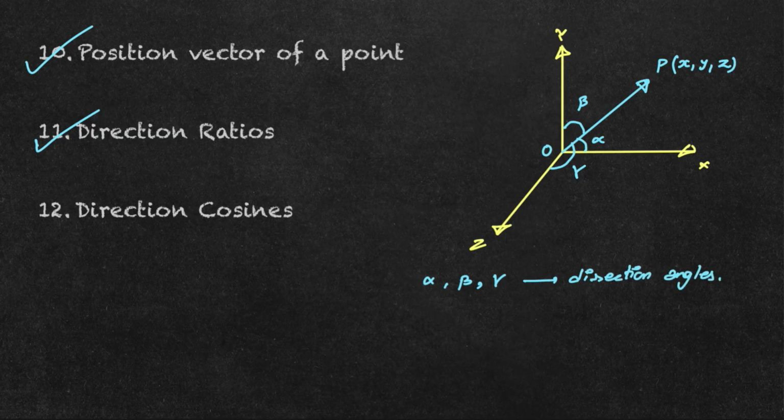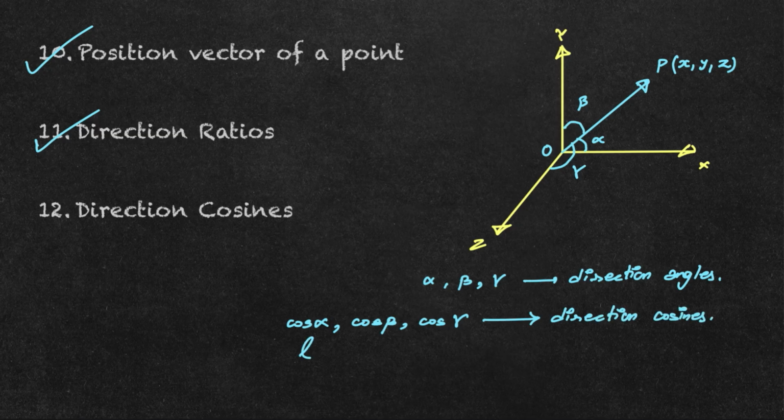And if we operate these three angles with the cos function, that is cos alpha, cos beta and cos gamma, then these are called direction cosines. In short, we will write cos alpha as l, cos beta as m, and cos gamma as n.